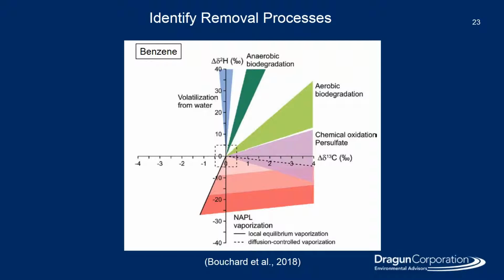For example, if our isotopic ratios fall in the light green area, aerobic biodegradation is the dominant process, and if they fall in the purple area, chemical oxidation is the dominant process.